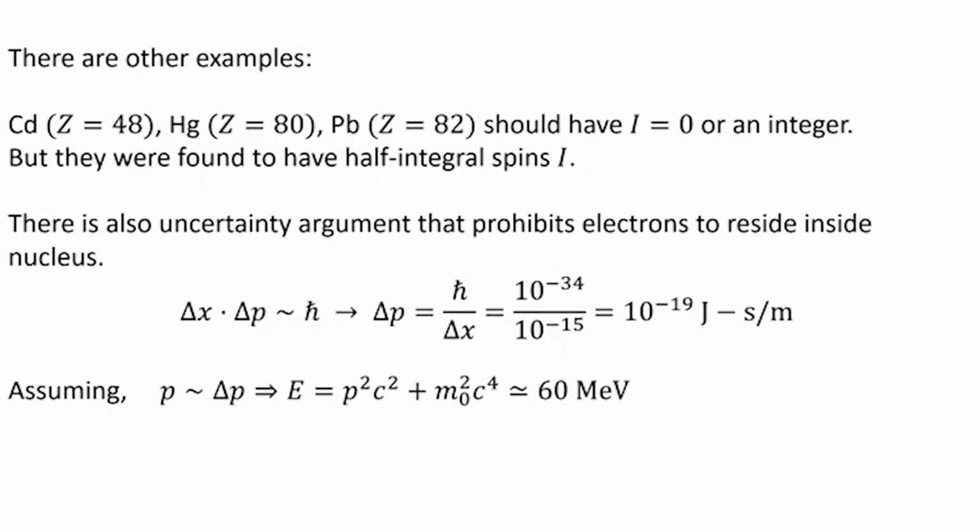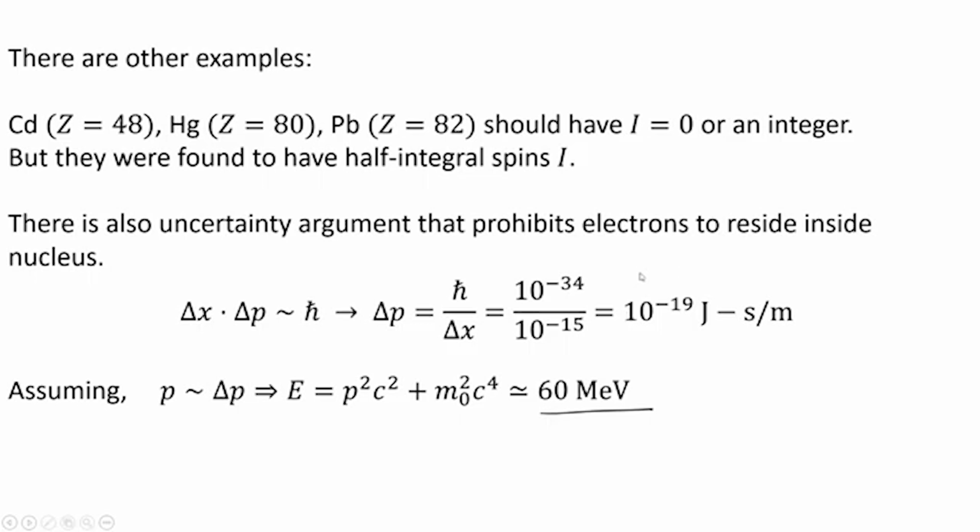We take p to be of the order of delta p, where E squared equals p squared c squared plus m naught squared c to the power 4. That is the relativistic energy being used for electrons. We are treating the electron as moving with a speed close to the speed of light, and then one actually gets about 60 MeV.